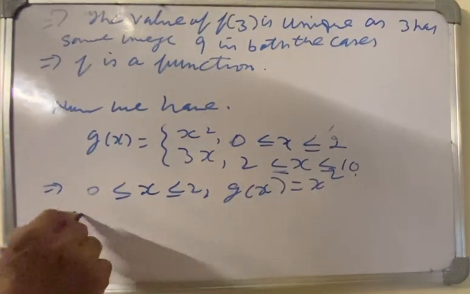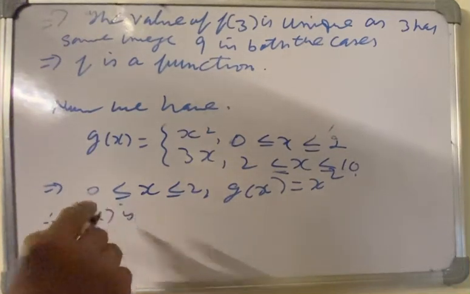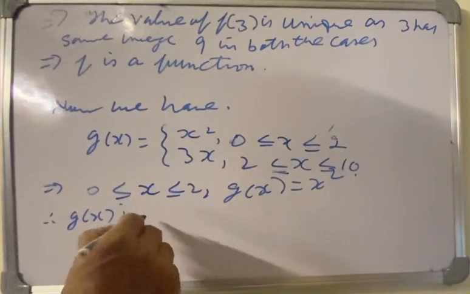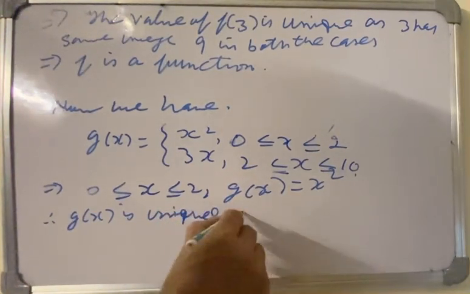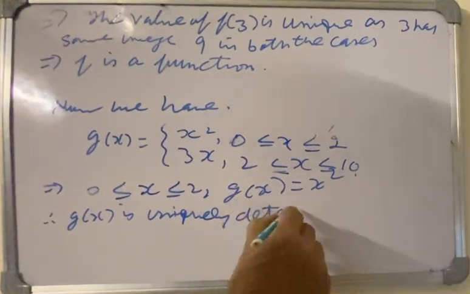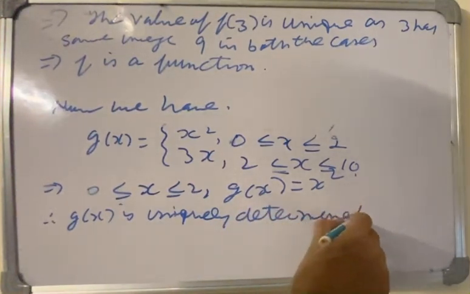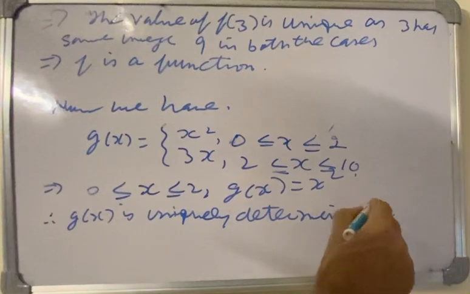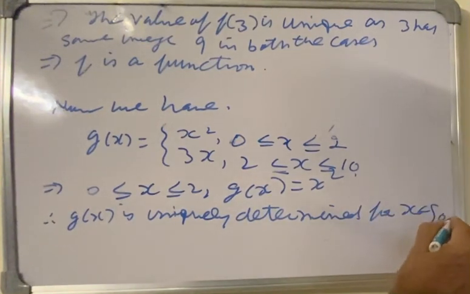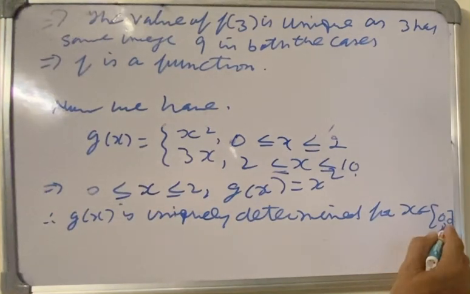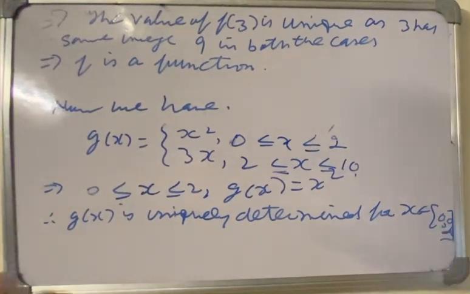Therefore, g(x) is uniquely determined for closed interval 0 to 2.